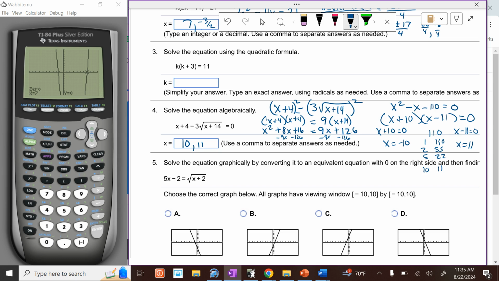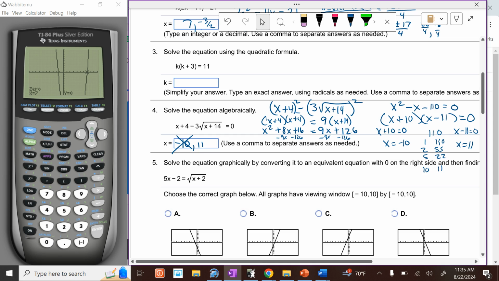So if you put in a negative 10 here, negative 10 plus 14 is 4. Square root of 4 is 2. 3 times 2 is 6. So negative 10 plus 4 is negative 6. Minus 6 is like a negative 12. Does negative 10 work? No, it's an extraneous root.